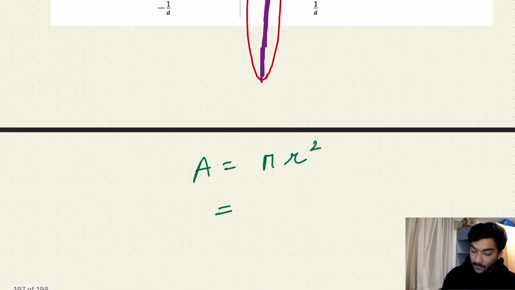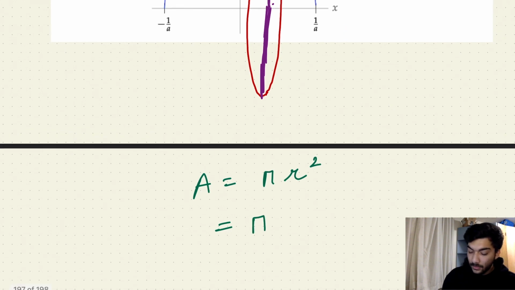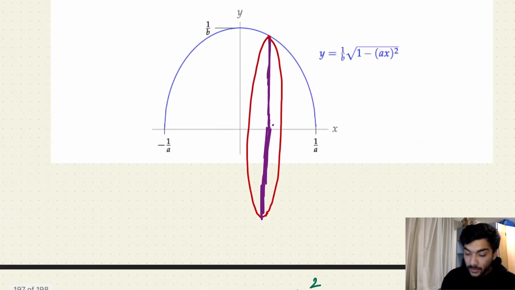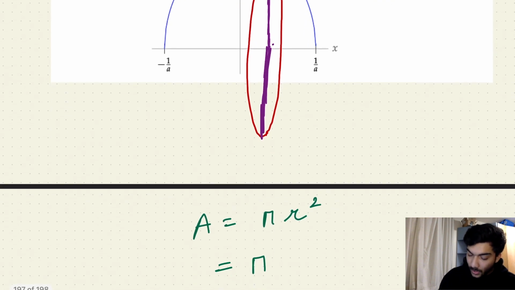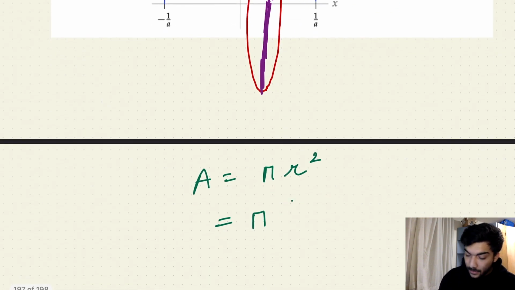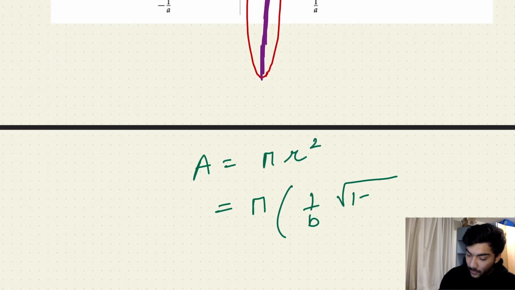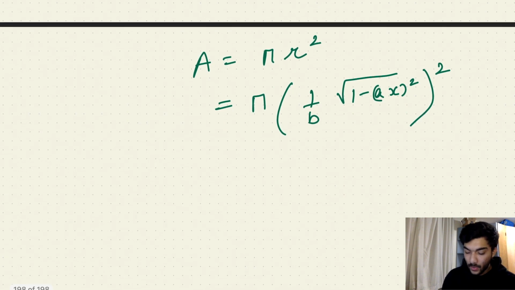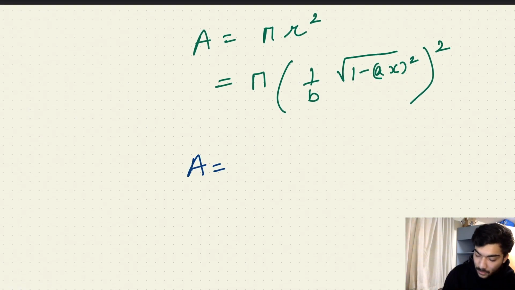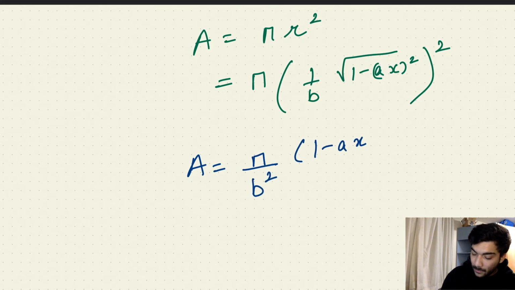So similarly, if we have to calculate the area of an arbitrary circular strip in this case, it would simply be pi times 1 by b under root 1 minus ax to the whole square, and square in this case. So again, simplifying it down, it would become area equals pi by b square times 1 minus ax to the whole square, right?